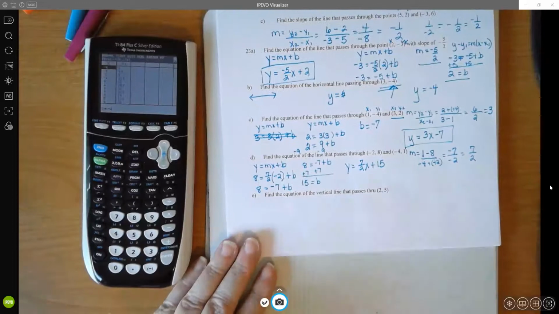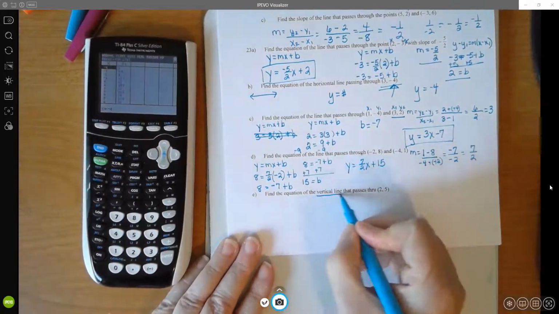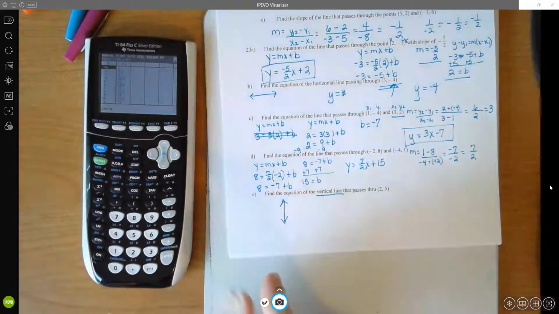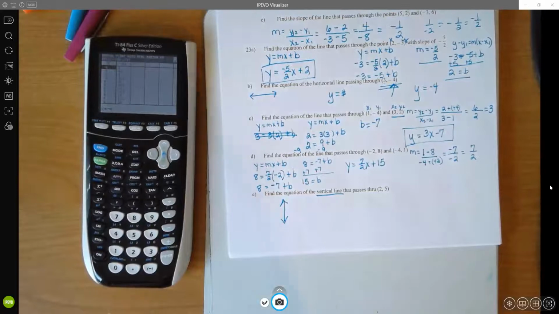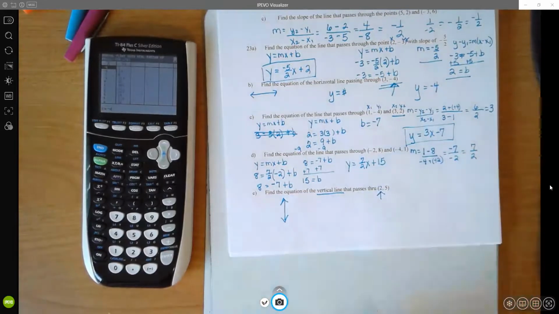Okay, let's look at letter E, which is to find the equation of the vertical line. Remember, vertical lines go up and down. In this case, since the vertical line goes up and down, it's the x value that stays the same. The y values can change because as you go up and down, your y value would change.